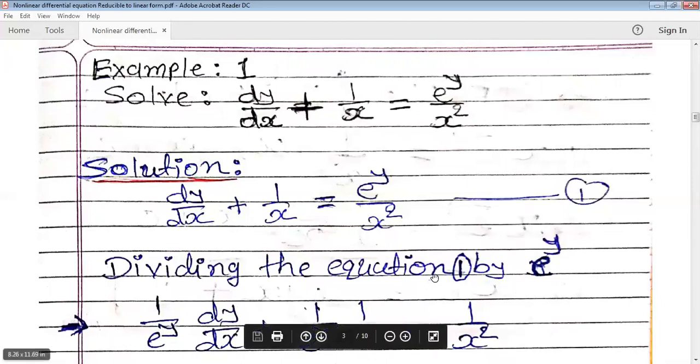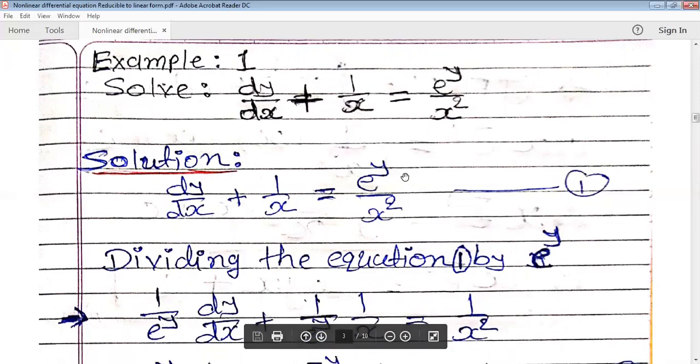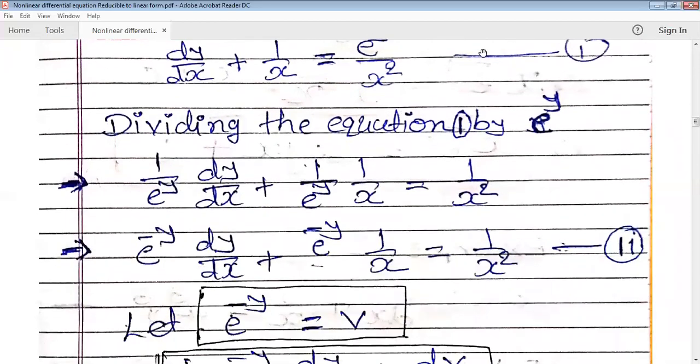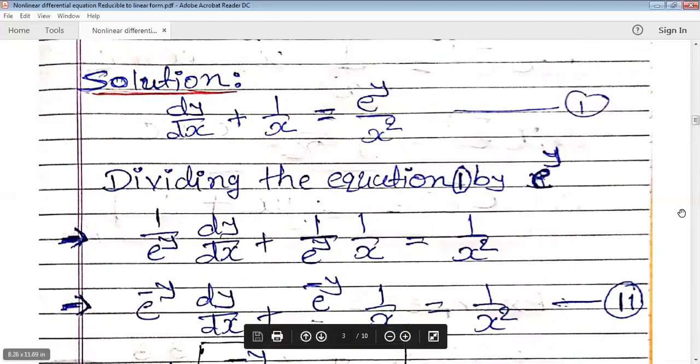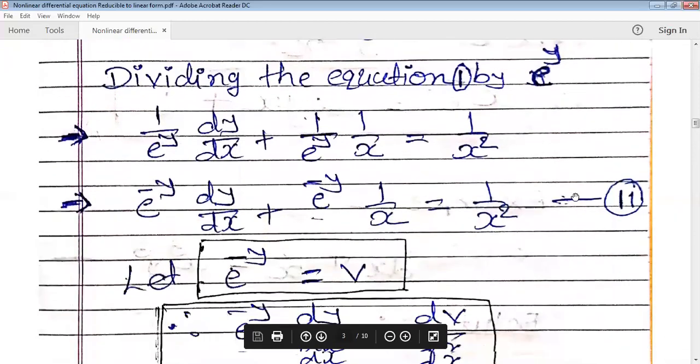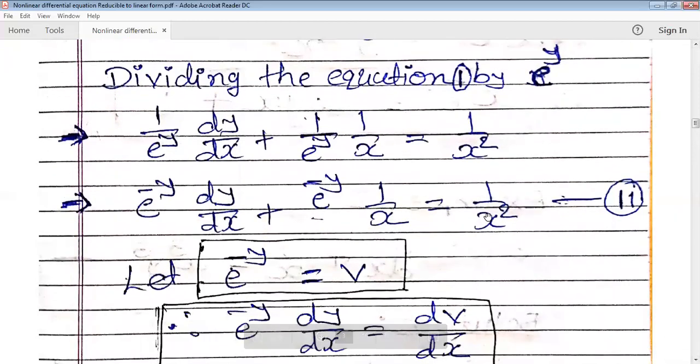So first we convert our non-linear example into the linear form, and there is a specific method for that. We divide the equation by the function of y on the right side. Our right side function of y is e raised to y. So first we divide the whole equation by e raised to y, and this is our p, this is our q. So the multiple of p is e raised to minus y.